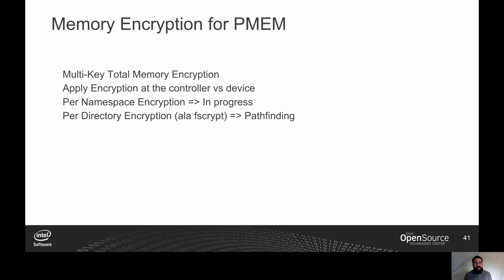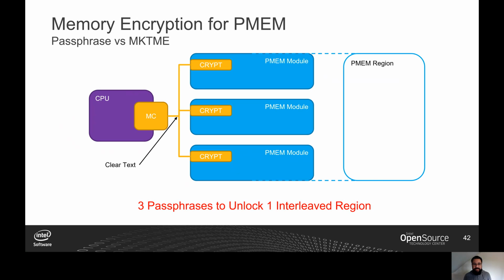So we have a per namespace solution in progress, and we're looking at a per directory solution, similar to what FSCrypt can do today, in pathfinding. So some might say, hey, I thought persistent memory was already encrypted, and it is. It's protected with a passphrase per module.